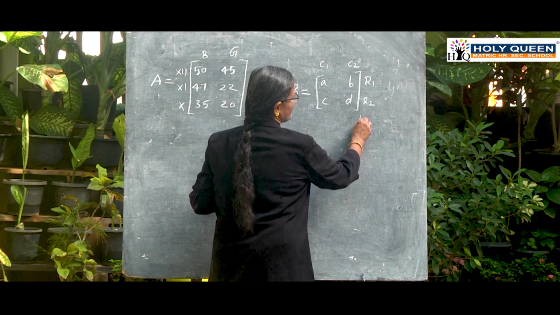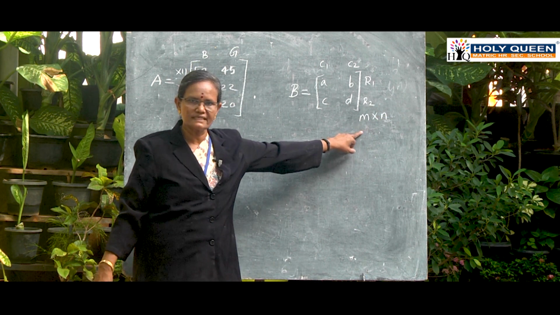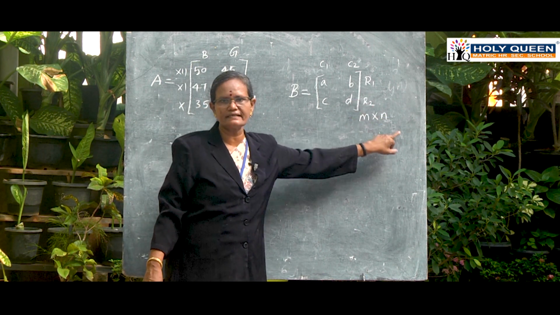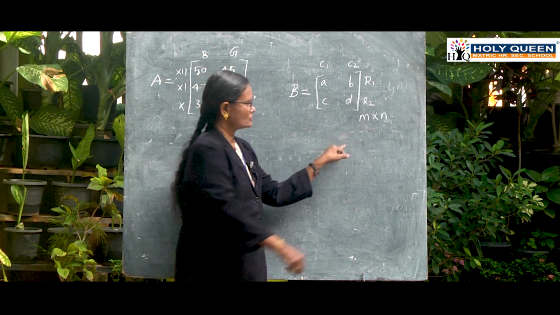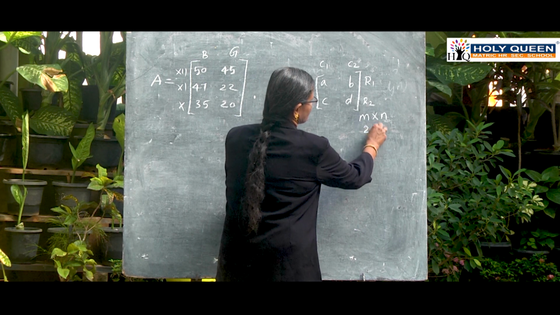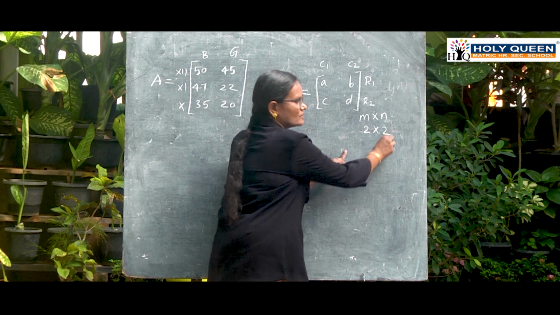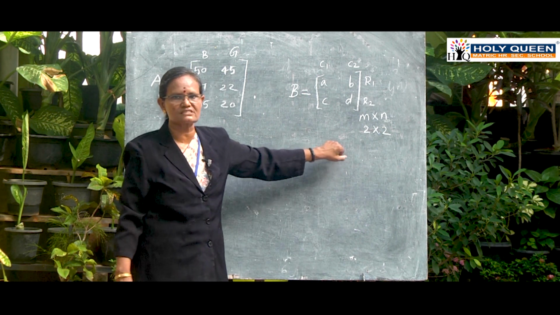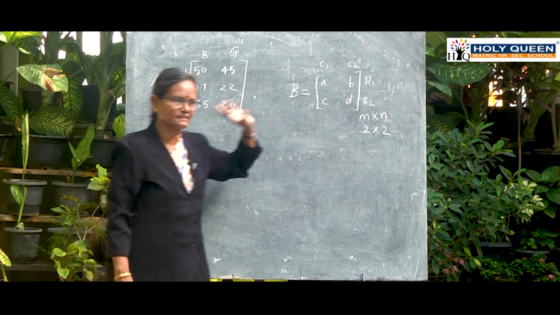The order of the matrix is always denoted as M by N, where M is the number of rows and N is the number of columns. How many columns are there? 2 columns. This is called the order of the matrix or dimensions of the matrix. 2 rows, 2 columns.